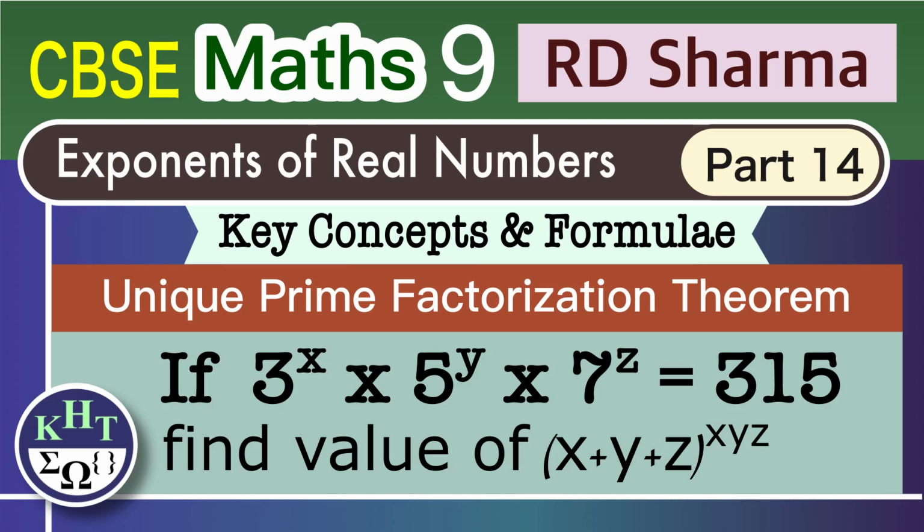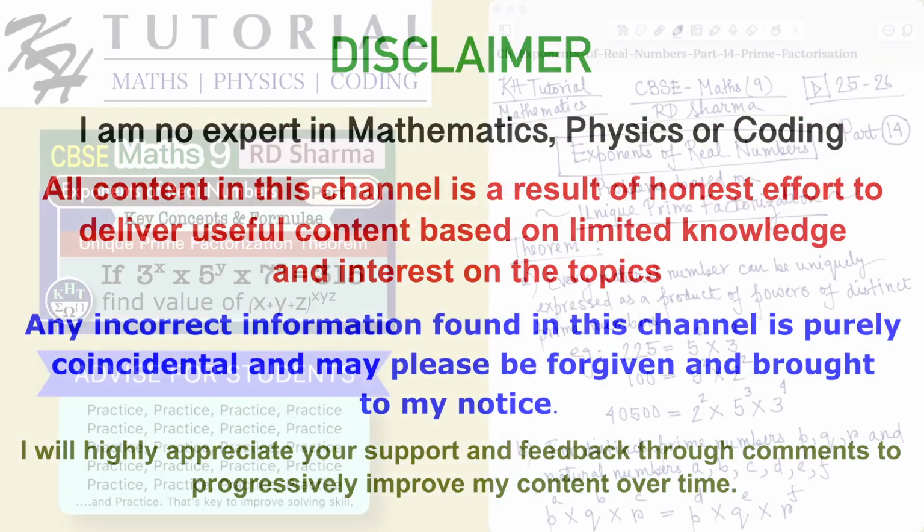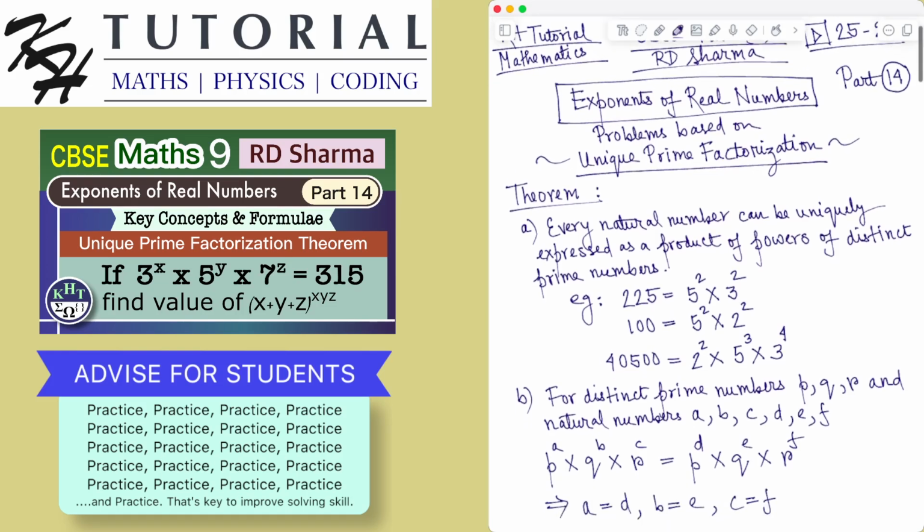So let's start part 14 video, where I will discuss solving problems based on the unique prime factorization theorem. The unique prime factorization theorem says that every natural number can be uniquely expressed as a product of powers of distinct prime numbers.